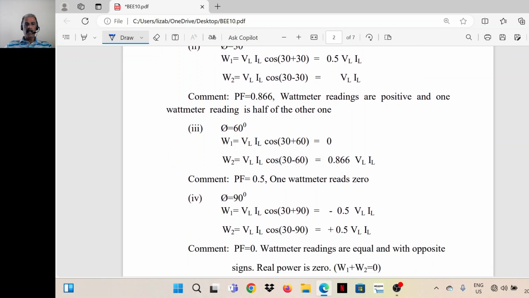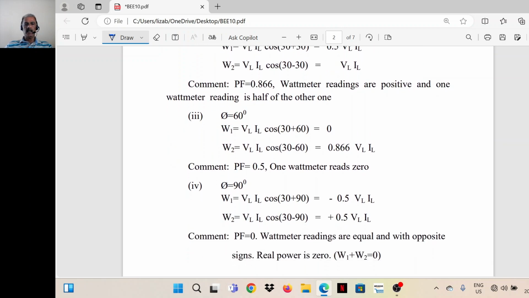When power factor angle is 60 degree, that is power factor is 0.5, one wattmeter will read 0. Then when power factor is 0 or power factor angle is 90, both the wattmeter readings will be equal in magnitude, but one of the wattmeters will read a negative value, so that the sum of the wattmeter readings is equal to 0.